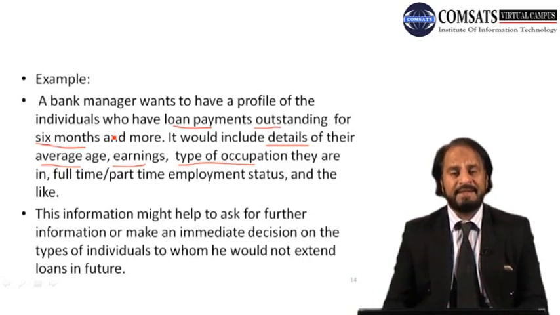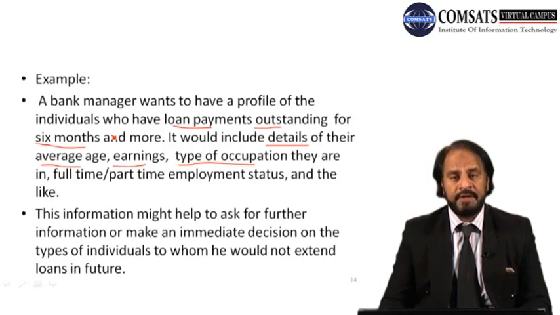By studying the existing data, he tries to find out the characteristics of these people who have loans older than 6 months, such as the nature of the job they are doing, the age group they are in, and how much their usual earnings are. So by looking at this kind of data, which characterizes the loan takers, it will help him make business decisions such as who to give a loan to and who not to.